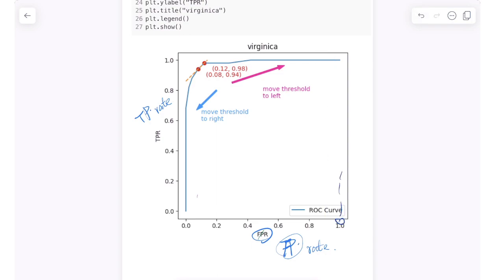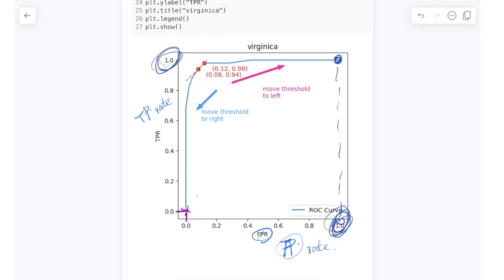This data point right here, the bullet point right here, means you have a very high false positive rate, and at that moment you have a very high true positive rate because you classify everything to 1. So you missed every pink data point, but you can correctly classify every blue data point.